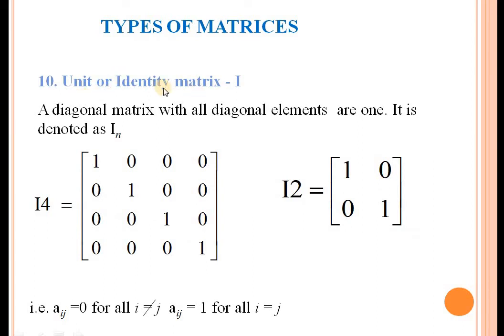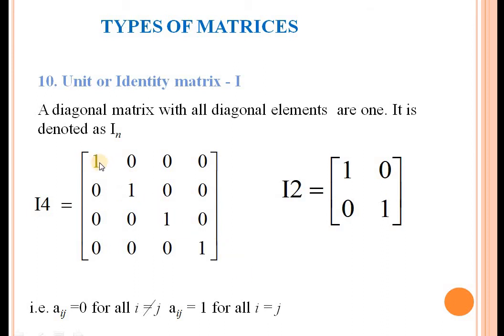Next is unit matrix or identity matrix. It is a diagonal matrix with all diagonal elements 1. So diagonal matrix means off-diagonal elements are 0 and at the position of diagonal elements, each entry is 1.